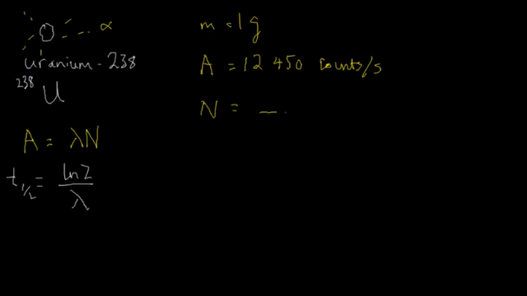Okay, so let me write this down. The mass of 1 mole of uranium 238 is 238 grams.